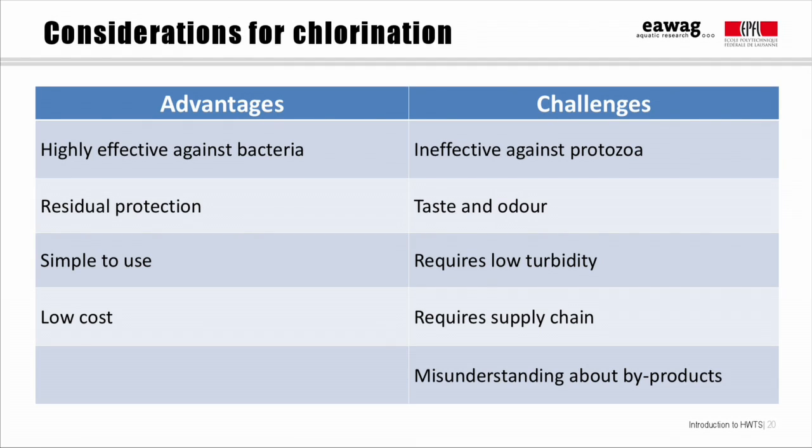So certainly one of the main advantages of chlorination is it's highly effective against bacteria, including cholera, and has been demonstrated to really stop cholera outbreaks. However, it's ineffective against at least some protozoa and requires longer contact times for viruses. Chlorine does give a residual protection which can help minimize recontamination or regrowth, but it has a characteristic taste and odor which people may find unpleasant if they're not accustomed to it.